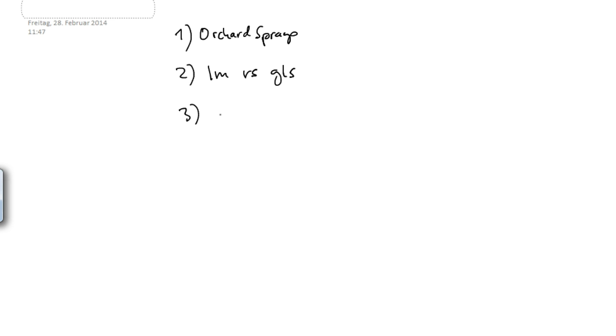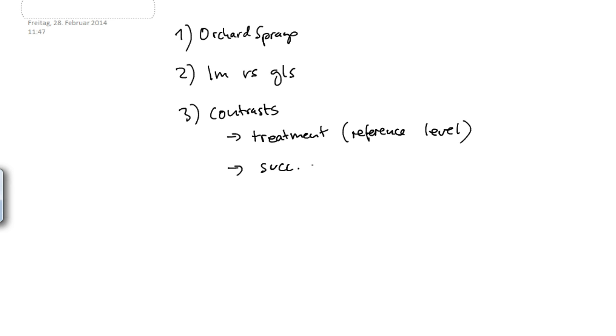And third, we looked at different contrast options. We looked at the so-called treatment contrasts, that's the default, where you have a reference level. And then we also looked at the successive difference contrasts, which compare A and B, B and C, and so on. And with that, I'm done for today.